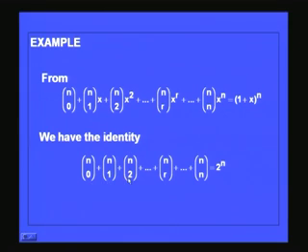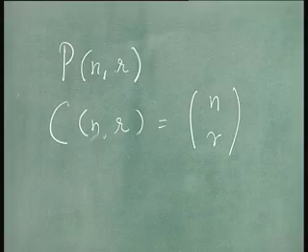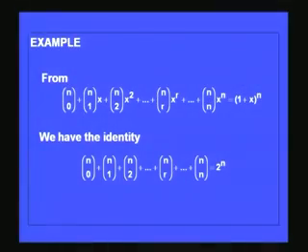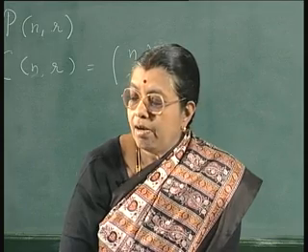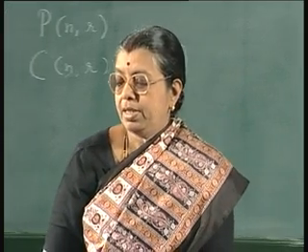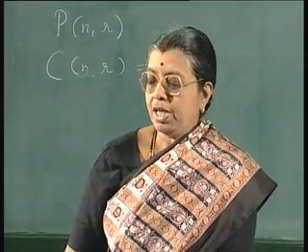You can very easily see that from a combinatorial point of view, you have n objects. For each object, you have two possibilities. Either you can select or not select. So, for n objects, there will be 2 power n possibilities. That is what you get on the right hand side.